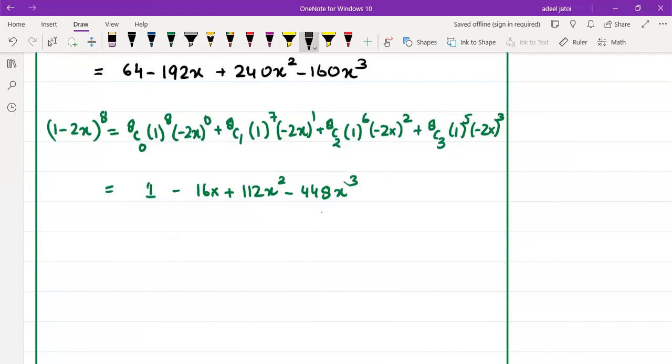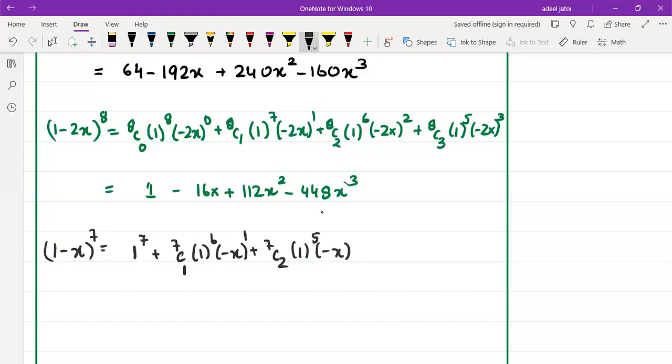Similarly, another question was given, and that was (1 - x)^7. So we can directly write this as 1^7 plus 7C1 1^6 (-x)^1, 7C2 1^5 (-x)^2, plus 7C3 1^4 (-x)^3.